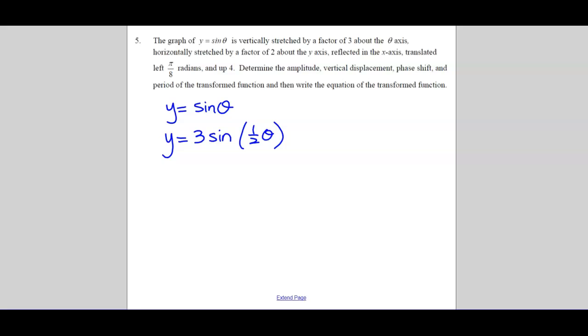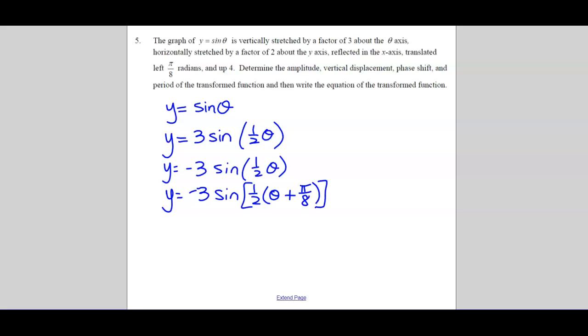That's doing your stretches. Then reflect in the x-axis would be -3. And then left and up. Now I would change that to square brackets personally, but if you got rid of that bracket and just put it around the theta, that would be okay. And theta left would be plus pi over 8. And then up.